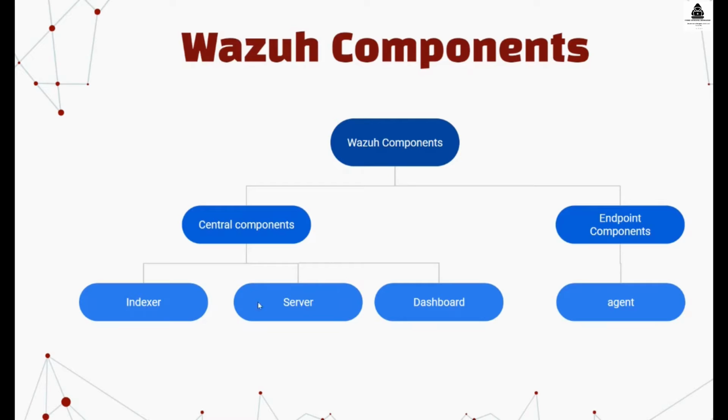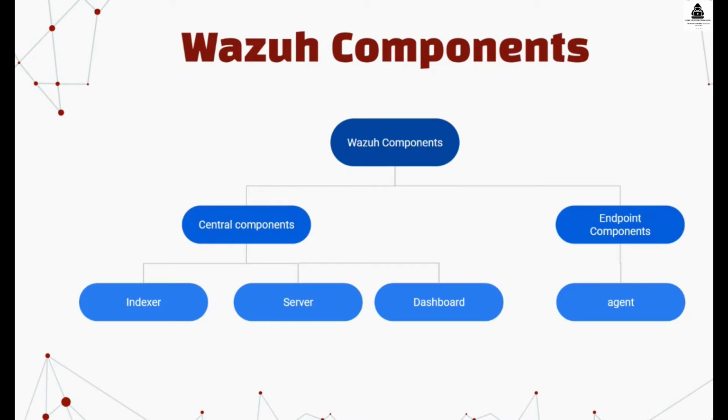Behind the scenes OpenSearch is working, and we capture our logs in OpenSearch under the name of the Wazuh indexer. Then we have the Wazuh server, which talks with agents, collects logs, processes them and sends them to the indexer.